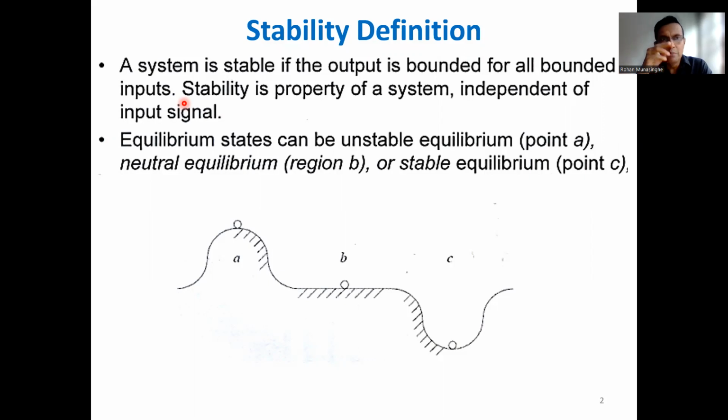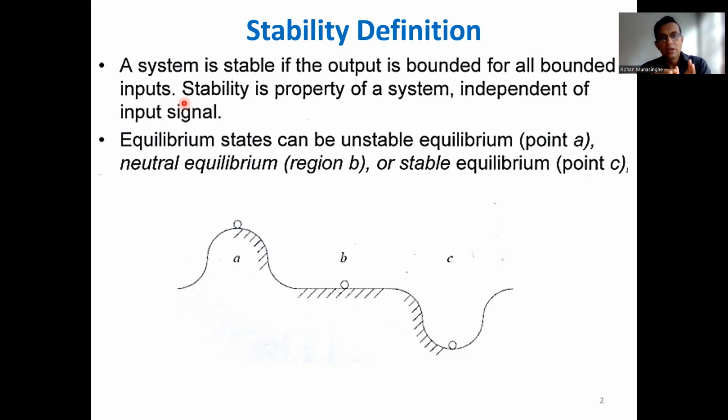If you give a bounded input, which means limited input, like your control signal, which has a limit, negative and positive, it's not unbounded. You can't have infinite force, infinite energy to the plant, right? Always it is finite. So for finite input, you get finite output. That is what it says. So then the system is stable.